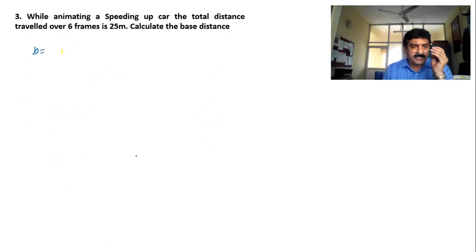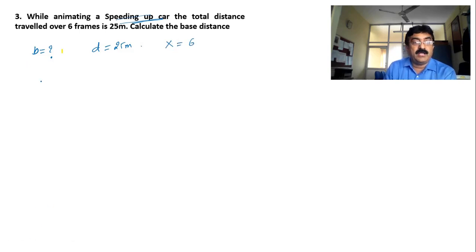So the next question comes like this. While animating a speeding up car, the total distance traveled in 6 frames is 25 meter. Calculate the base distance. So base distance is question mark. Total distance I will take as D, that is 25 meter, and frame number X is equal to 6.